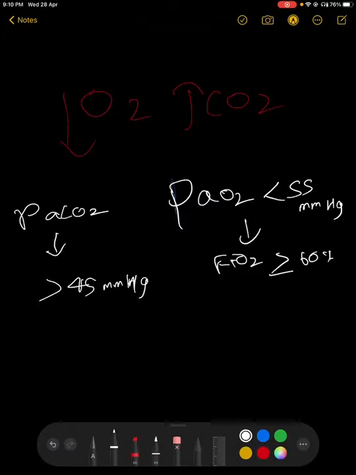The clinical history is very important. If the onset is recent, within 1 or 2 days, then it will mostly be acute respiratory failure, especially type 1, that is hypoxemic respiratory failure. People with acute hypoxemic respiratory failure mostly won't have any chronic signs of hypoxemia.